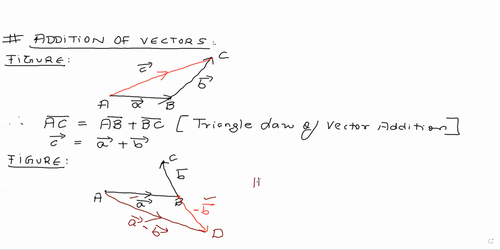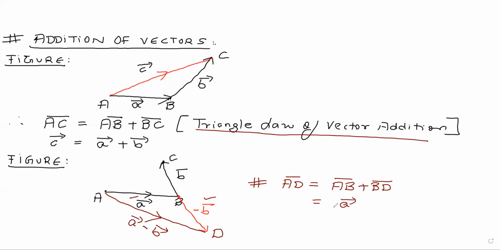From this figure, AD vector is equal to AB vector plus BD vector, again using the triangle law of vector addition. AB vector is denoted by A, BD is denoted by minus B. So this is vector A minus vector B, which is nothing but my AD vector. I hope all students have understood this particular concept.